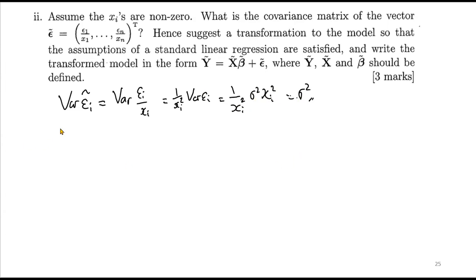As for the covariances, they are 0 for distinct error terms, because we're told that the original error terms are independent.